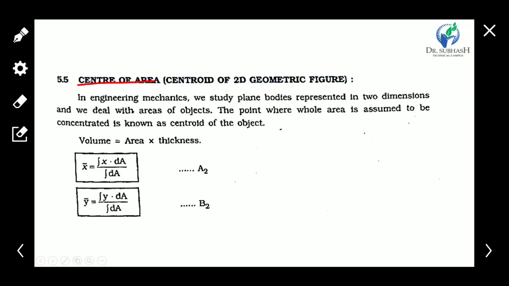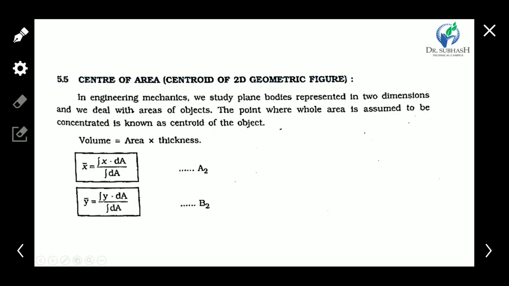Now, center of area. In engineering mechanics, we study plane bodies represented in two dimensions, and we deal with the area of objects. The point where the whole area is assumed to be concentrated is known as the centroid of the object.